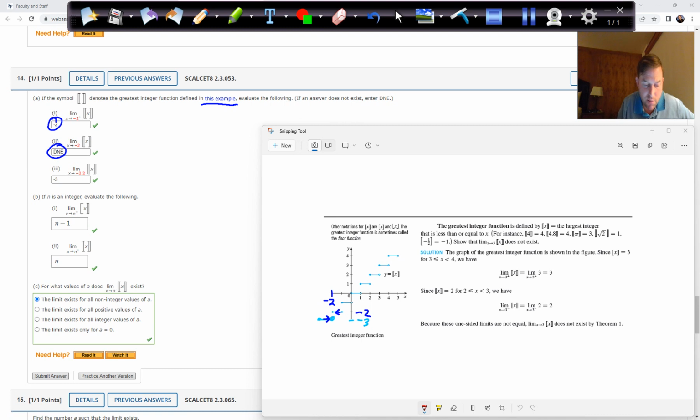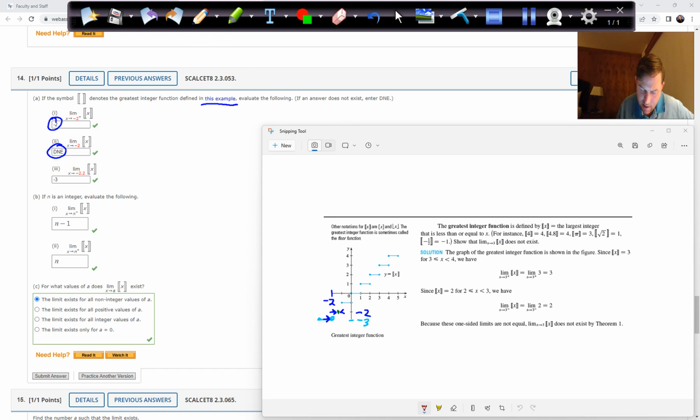Okay, now it says approach negative 2.2. Well, negative 2.2 would be, boy, this is going to be hard to do. Negative 2.2 would be this green dot, let's say right about there. Now from the left, I'm on this line, and I'm approaching 2.2, and I'm on the -2 height line.